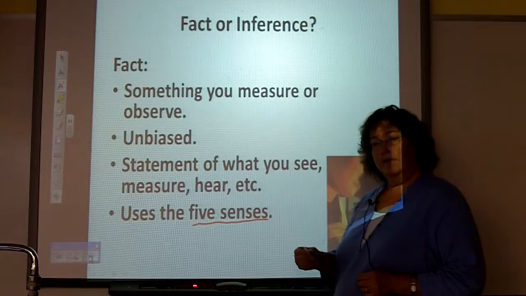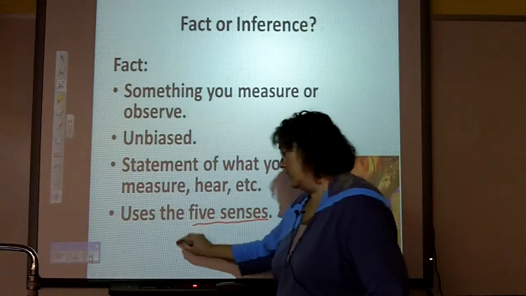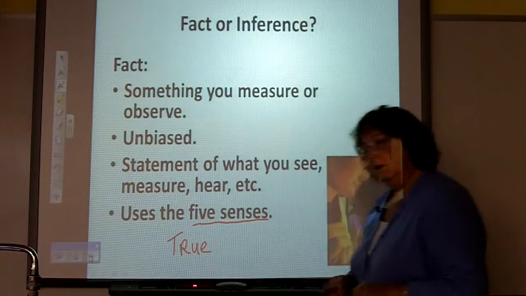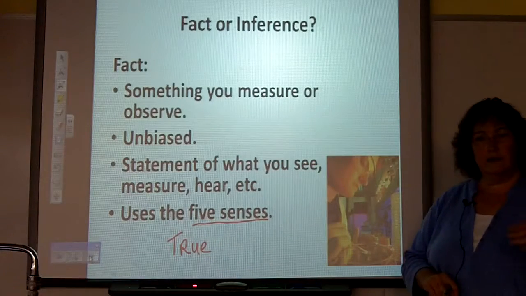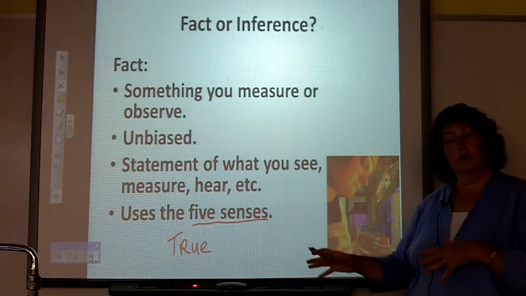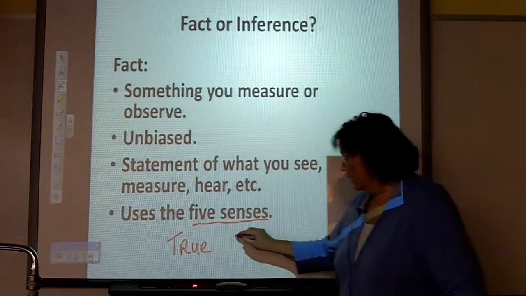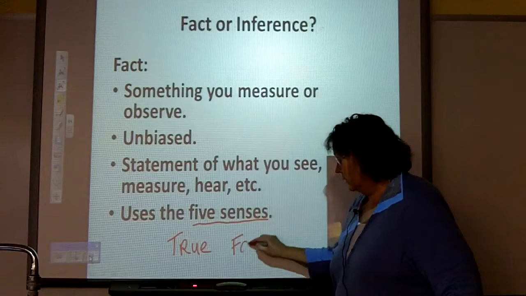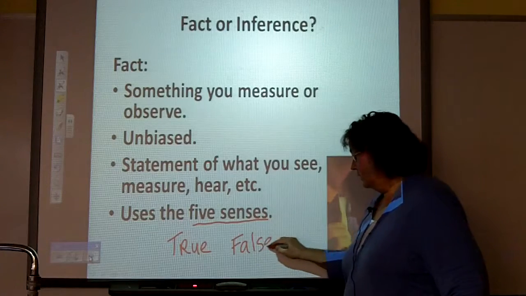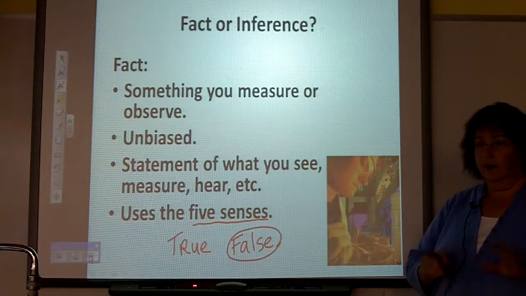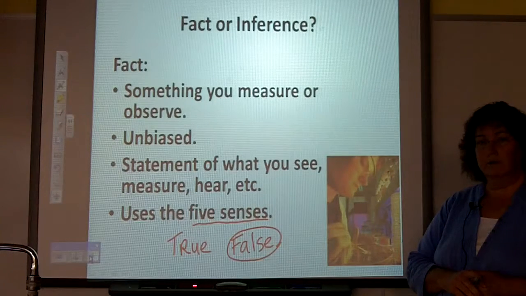When we talk about facts, we can never say that they are absolutely true, because we may have evidence that comes in down the road that shows us that that statement was not true. So a fact can always be proven to be false. So we never say that a fact is absolutely true.